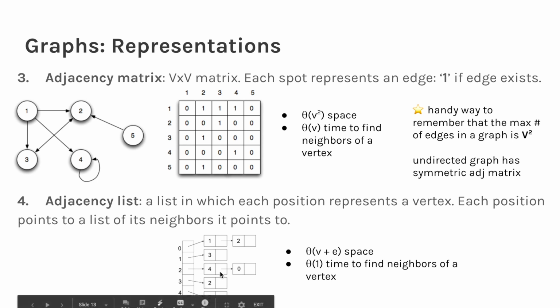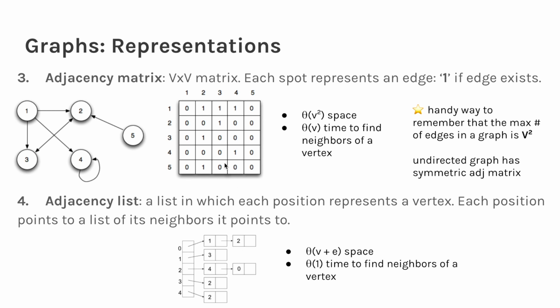So this is nice because it potentially takes a lot less space than the adjacency matrix. We just need V space for all the vertices, and then space proportional to the number of edges in our graph, right? You add an element to one of these lists if the edge exists. If an edge does not exist, we're not going to put any value there.